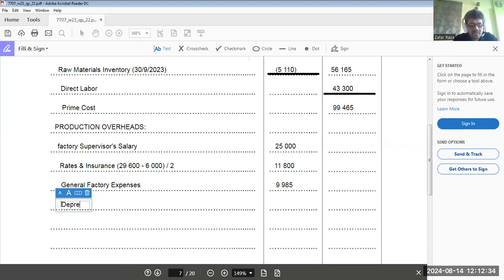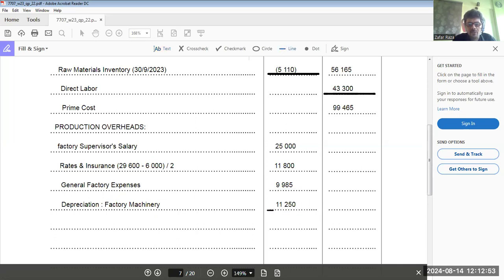So what is depreciation? Factory machinery, 11,250.